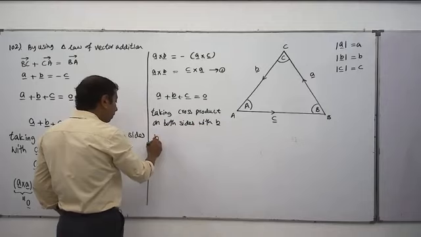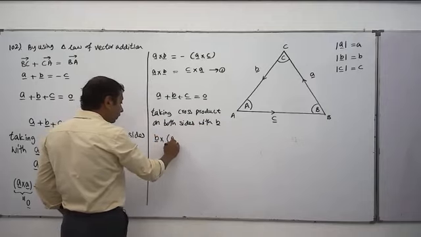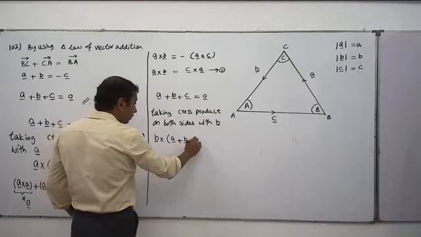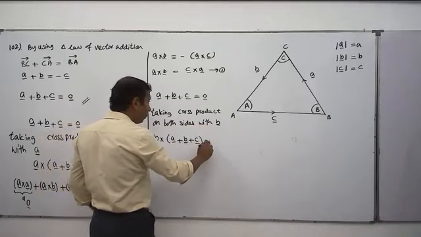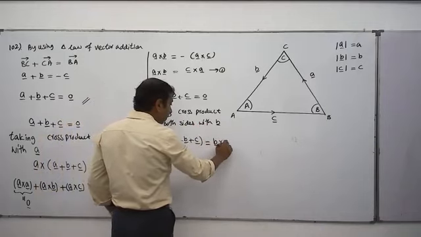What do you get? B cross (A plus B plus C) is equal to B cross null vector.